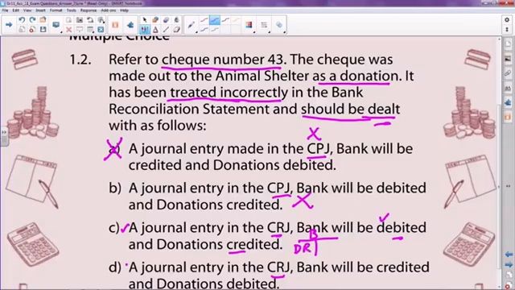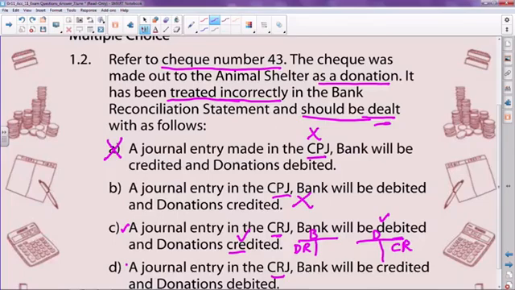So this is obviously correct as well. Donations will be credited. Once again, previously, when you issued the check for donations, you debited donations because it was an expense. Now, because the check has never been cashed, you need to cancel this entry. So you would have to credit donations. So this is definitely correct.